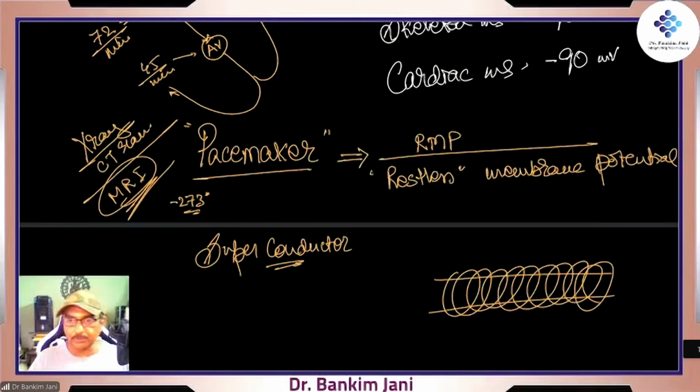That's why in MRI centers there are special walls, and the patient, everything is checked thoroughly. He should not be having any prosthesis. Prosthesis means what? Say, if someone has got a fracture, then plates, nails, right? All those are called prosthesis.